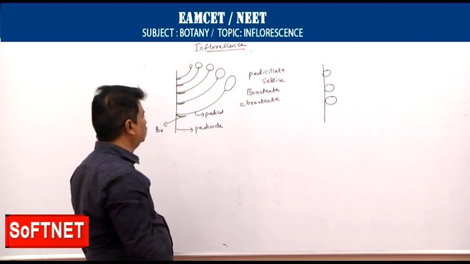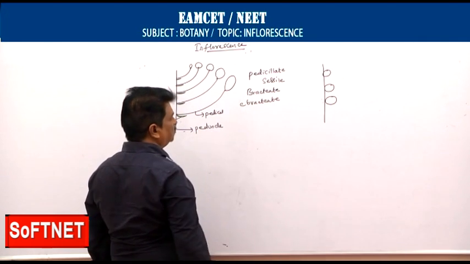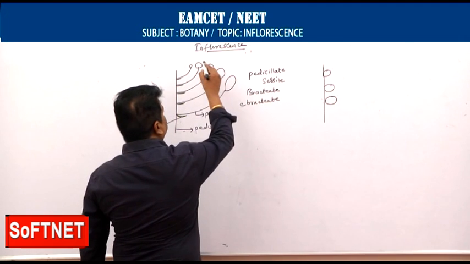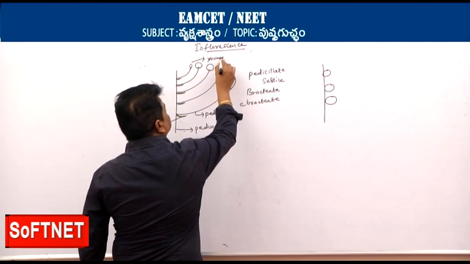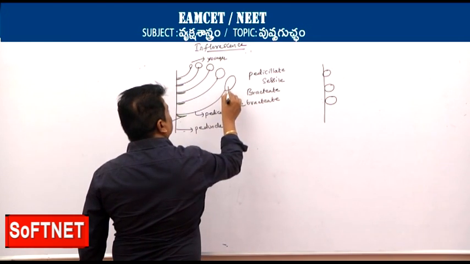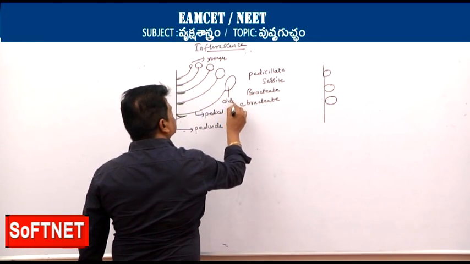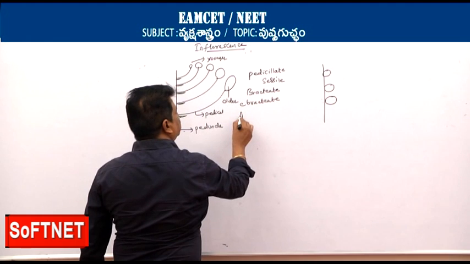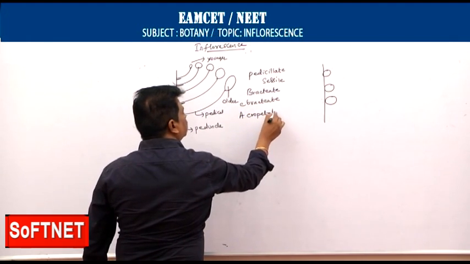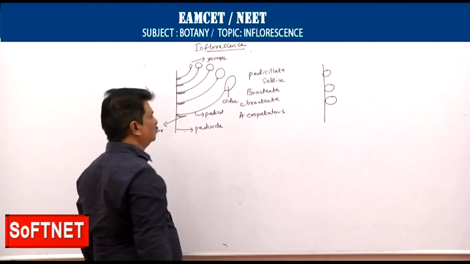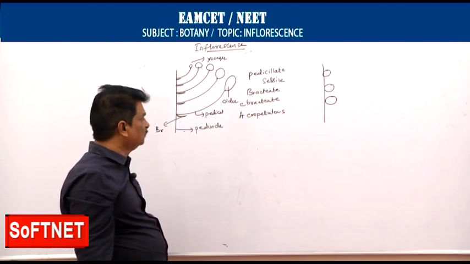Then, arrangement of flowers. If younger flowers are present at the apex and older flowers are present at the base, such an arrangement is called acropetallous.